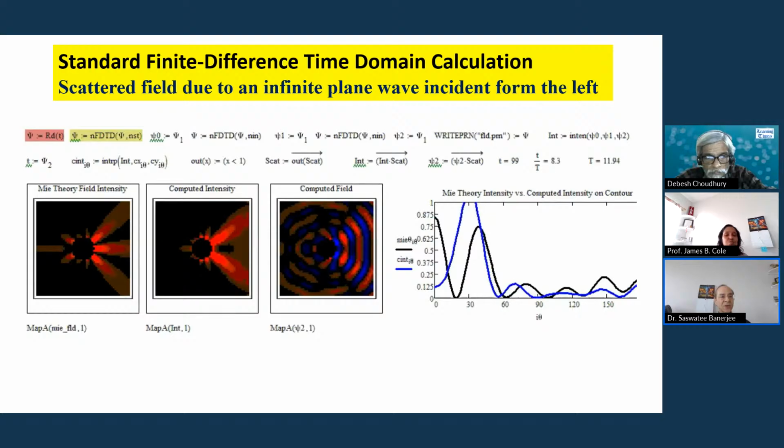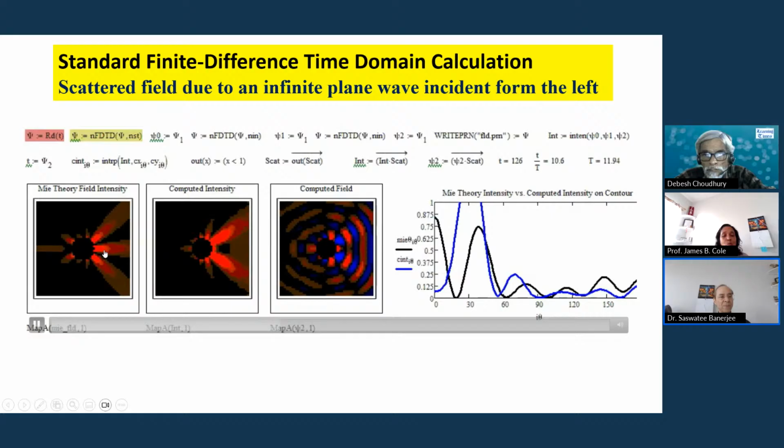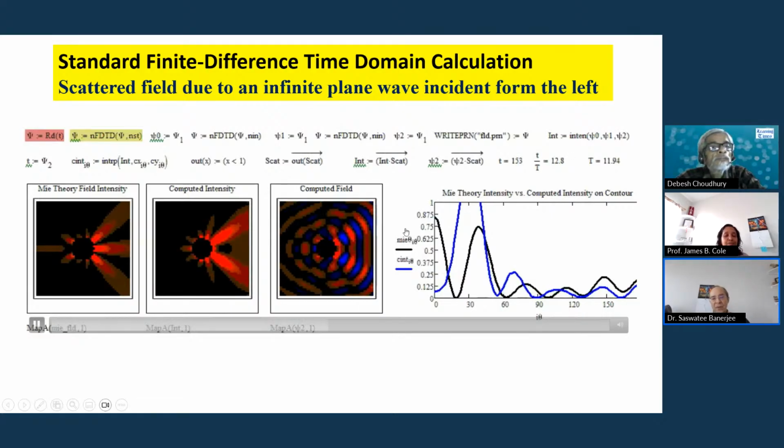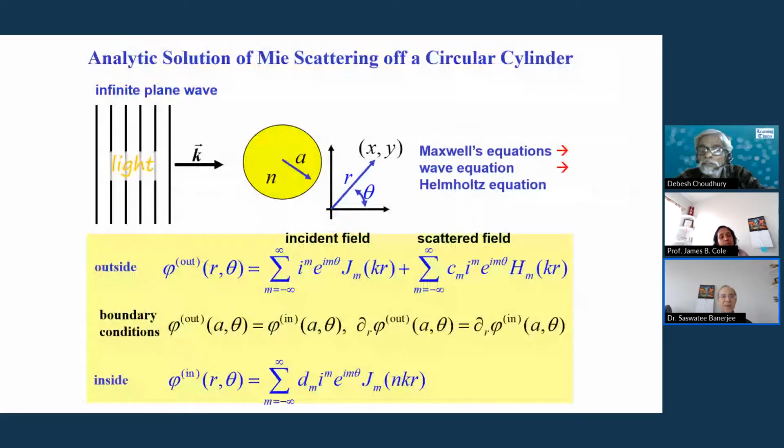It misses the computed intensity, misses this central beam completely. Again, the black line is Mie theory, and the blue line is the computed scattered intensity around the contour. So again, it's not very good.